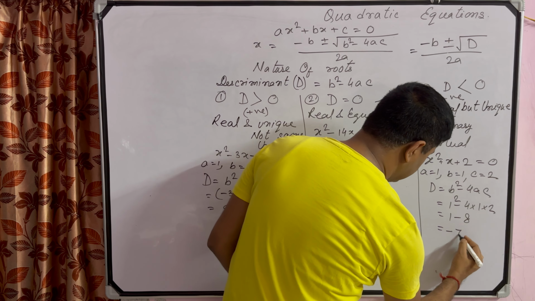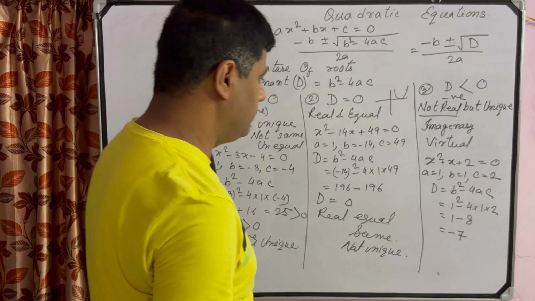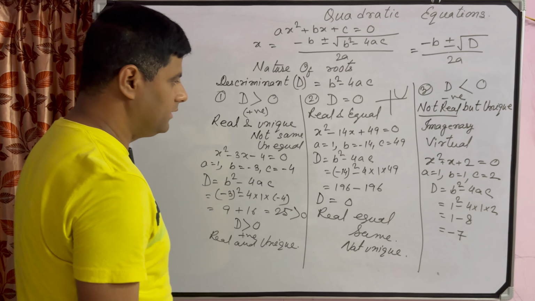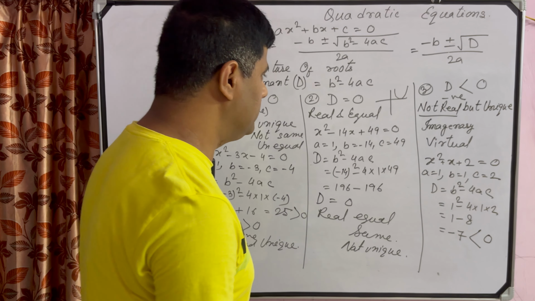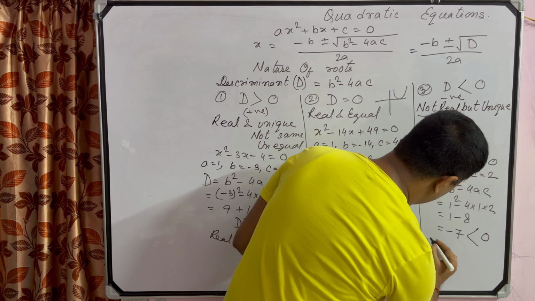So it will be minus 7, which is lesser than 0. I mean to say negative. This means the roots are not real, but actually they are unique. They will be complex numbers, but unique complex numbers, two different complex numbers.